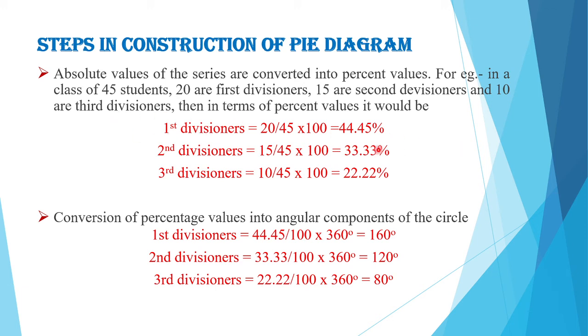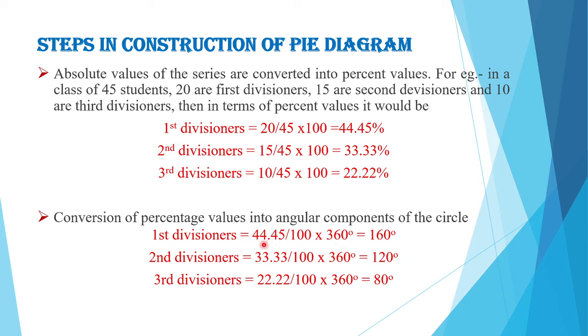Similarly, we can easily calculate the second divisioners and third divisioners. After converting into percentages, the next step is to convert these percentage values into angular components of the circle. Because a pie diagram is of 360 degrees, we have to convert these percentages into 360 degrees.